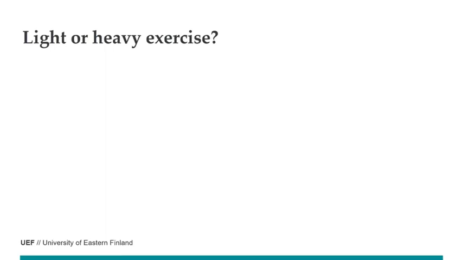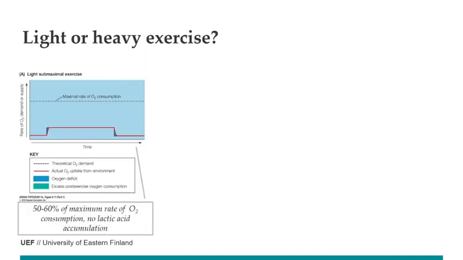Then, what about if we are just taking a walk or having a heavy exercise? If the oxygen consumption is about half of the maximum, there's no lactic acid accumulation. And that's why, in the recovery, this excess post-exercise oxygen consumption is very minimal.